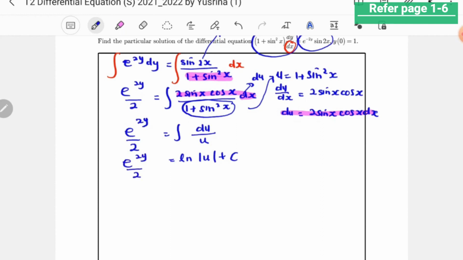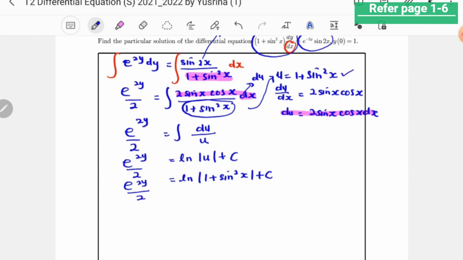And then don't forget to substitute u equals 1 plus sin squared x. So ln of 1 plus sin squared x plus c. So this one we call the general solution, e to the 2y over 2.